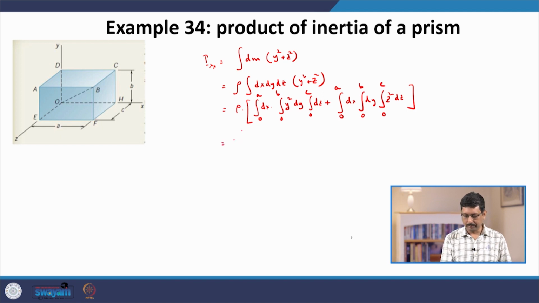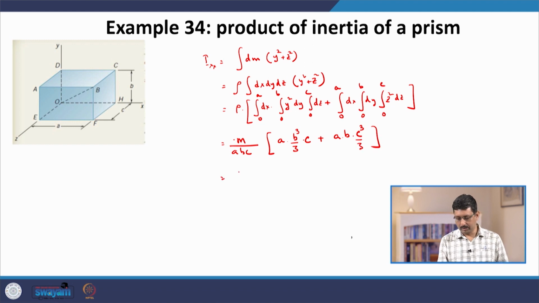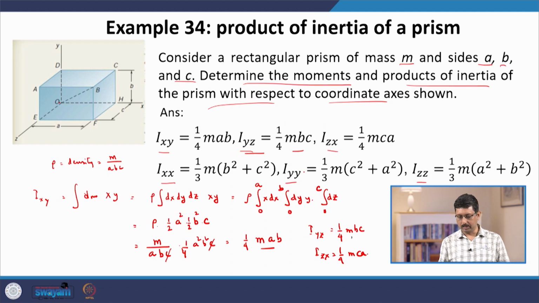So, rho we can write as m by a b c, and then the first term is a times b cube by 3 times c, plus the second term is a times b times c cube by 3. After simplification it becomes 1/3 m times b square plus c square.